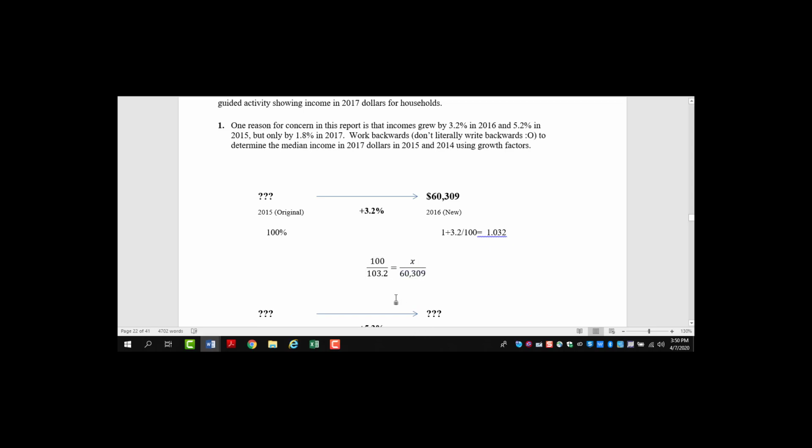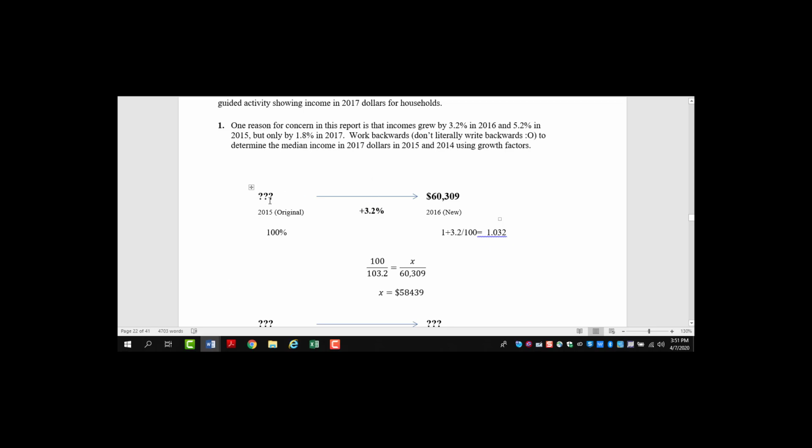Now from here you can cross multiply and divide, which becomes 58,439.